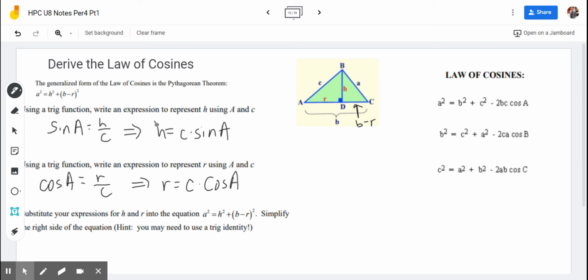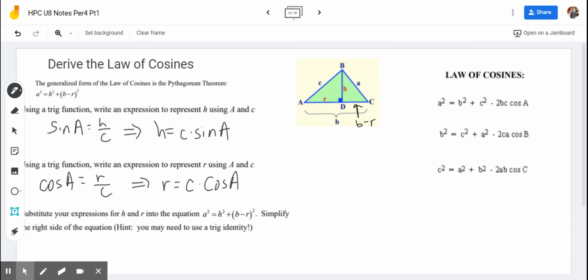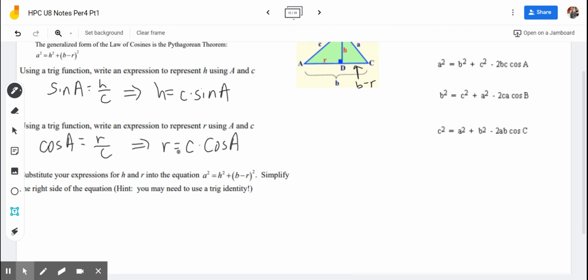So what we're going to do from here: we have our equation with h equals c times sine of A, and our equation with r equal to c times cos of A. It says substitute your expressions for h and r into the equation from the beginning. Simplify the right side of the equation. Hint, you may need to use a trig identity.